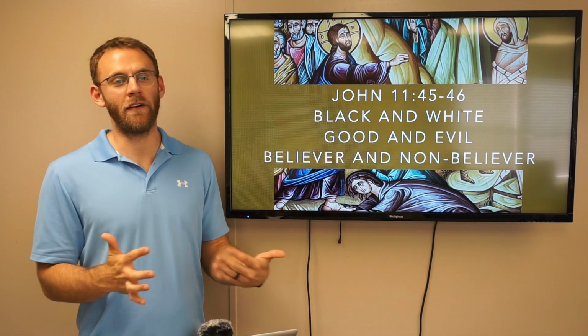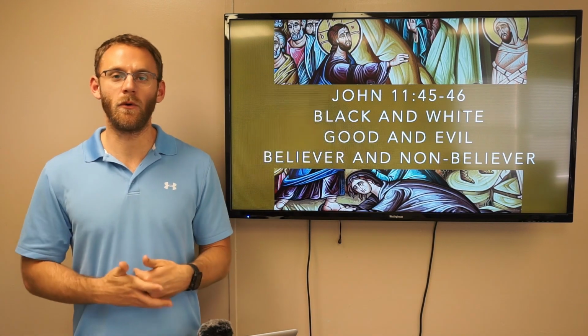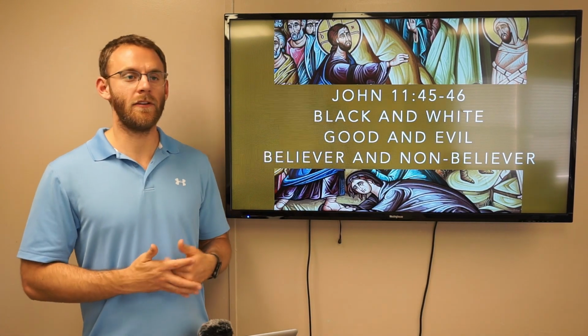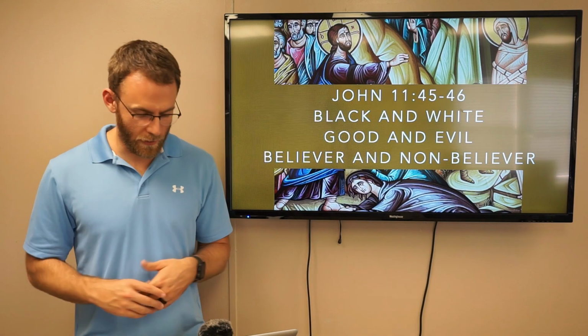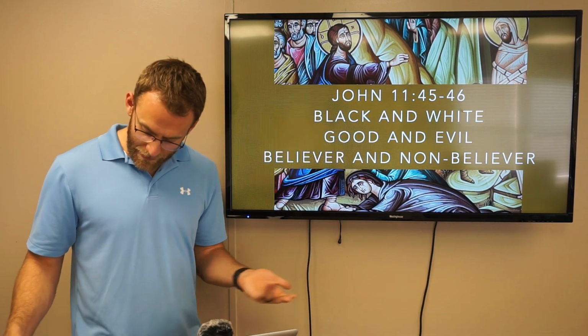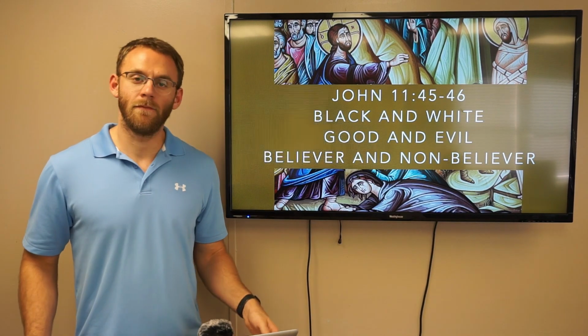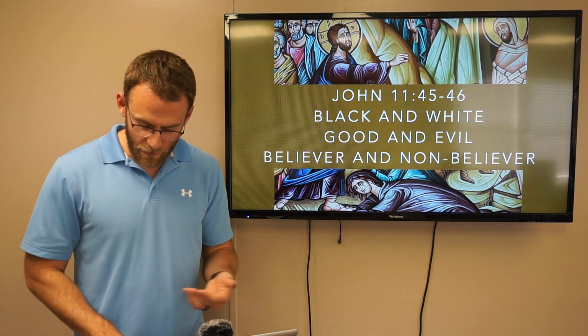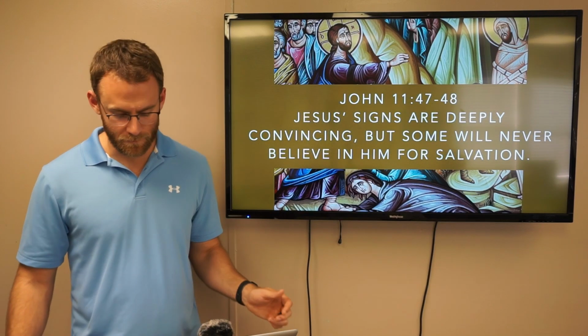There's no gray area. There's no fence sitting for the people of God. You can either be against God or for him, and we see that here in 45 and 46. Some believe, but some do not, and that's just the reality throughout the Gospel of John.